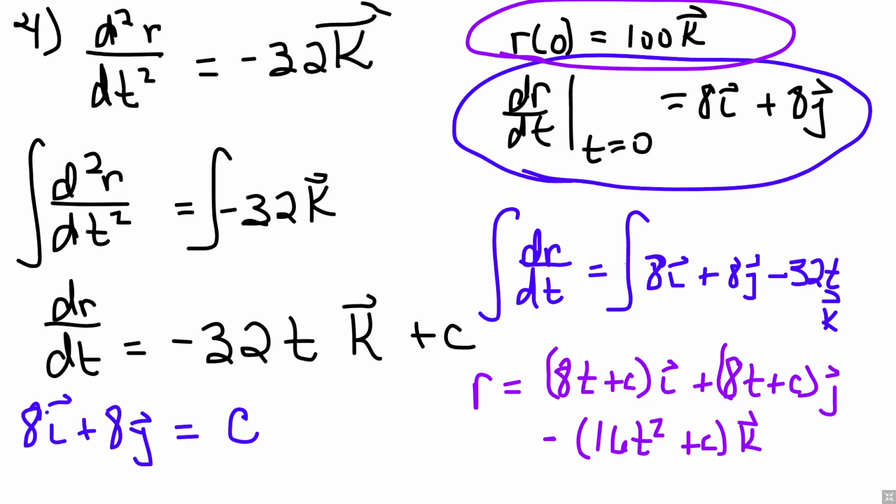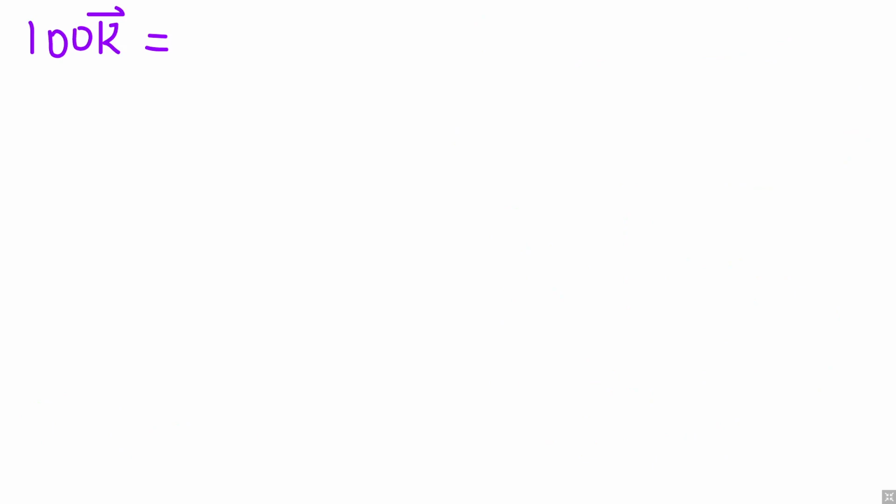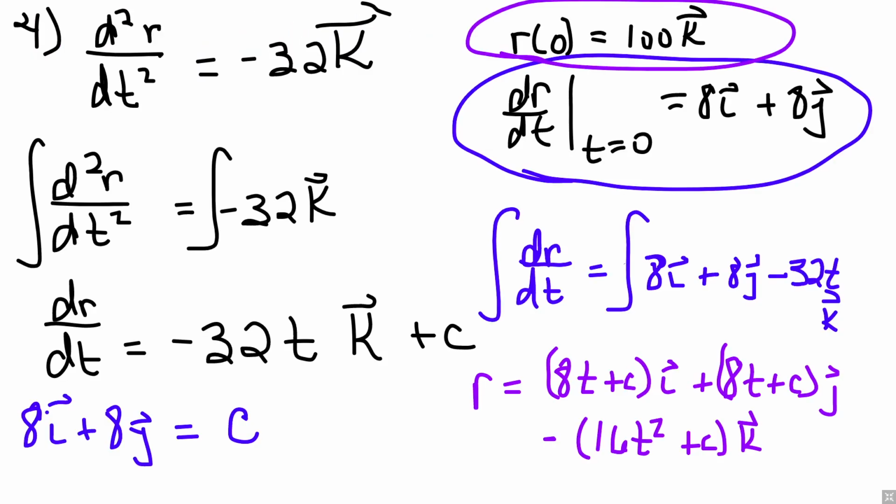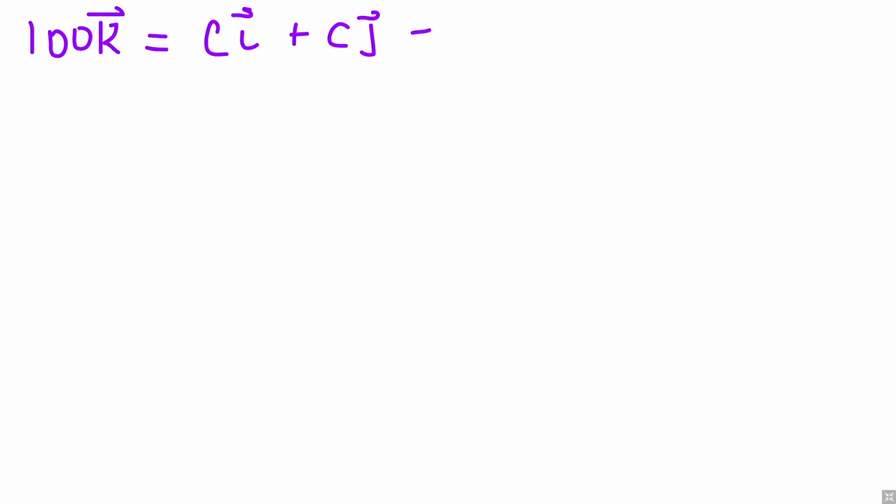And that's going to be equal to, basically, when we plug in 0 for t for all these pieces, c in the i direction plus c in the j direction, then minus c in the k direction.